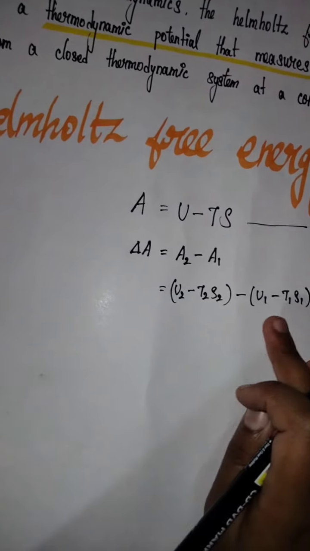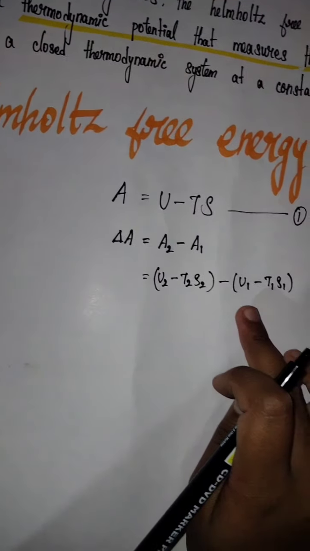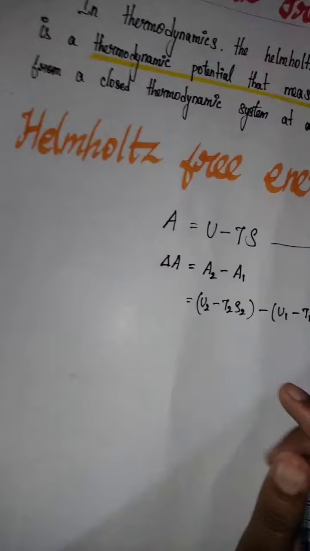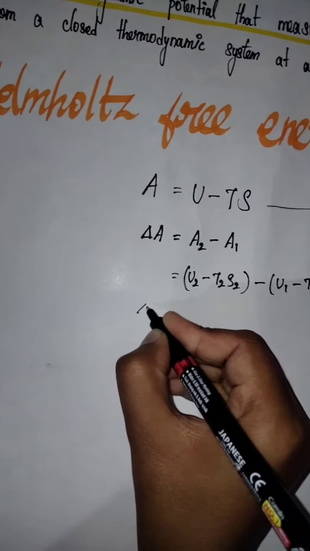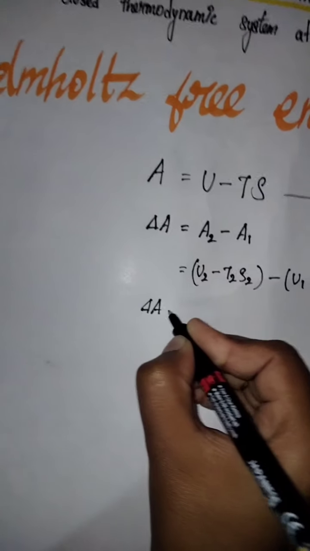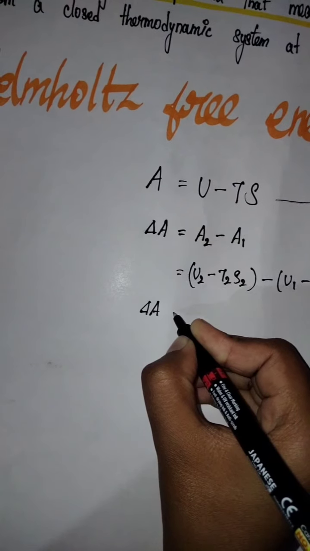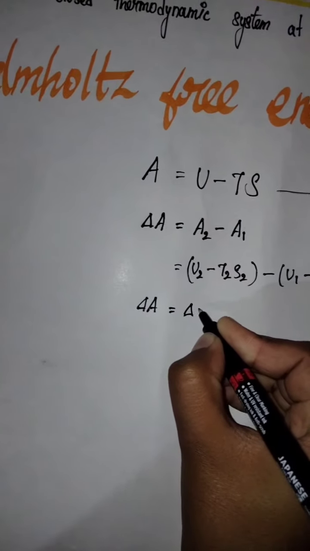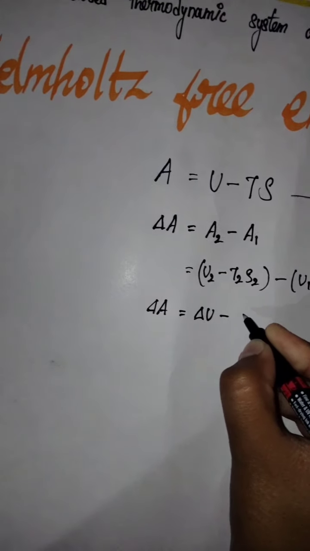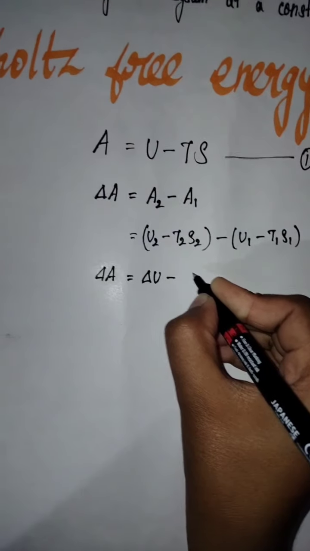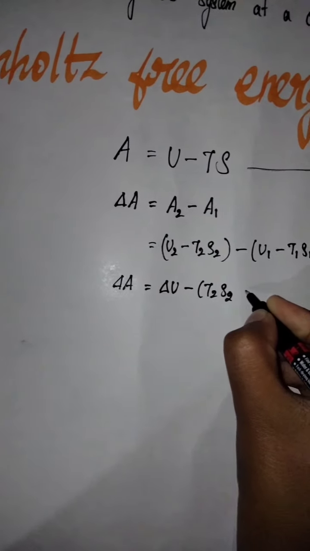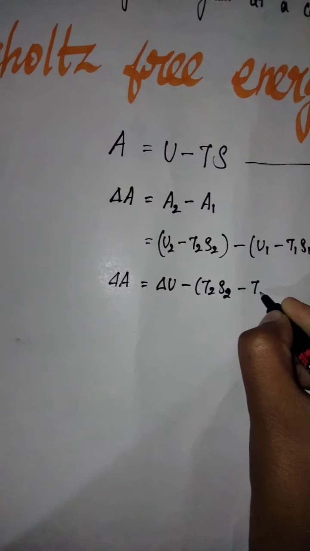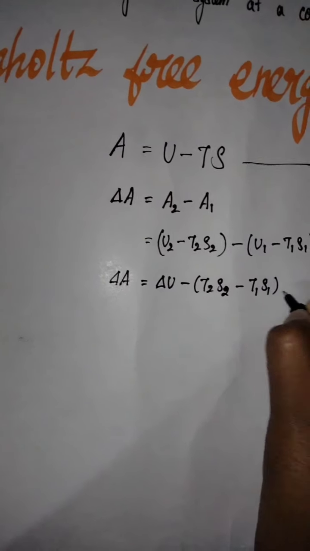So now we can consider U2 minus U1 as del U. So del A is equal to del U minus T2 into S2 minus T1 into S1.